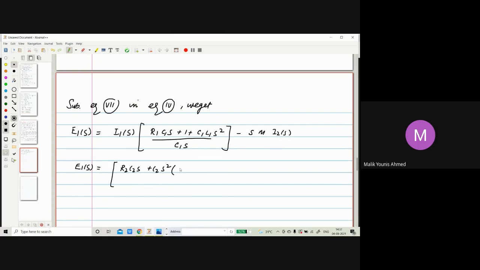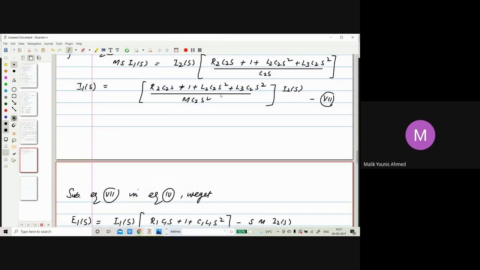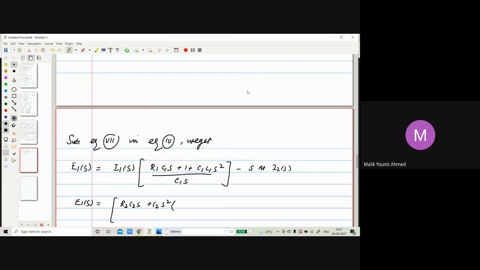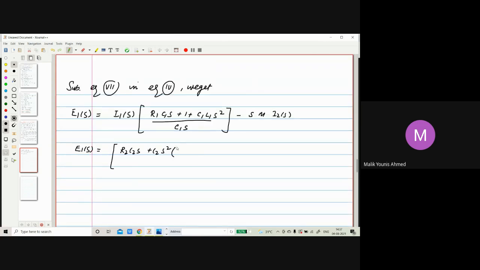For C2 of S square, we can take common C2, L2 and L3, both values are same. So that's why I'm taking common L2 plus L3, and that will be plus 1. And that will be divided by S square C2 M. Okay, then this value is complete for I1.